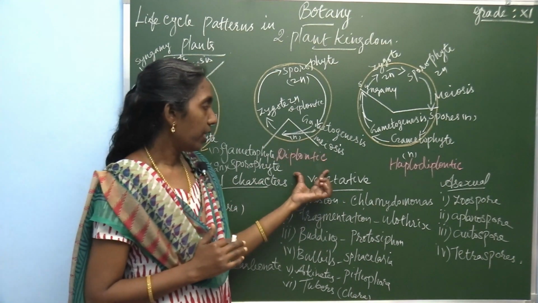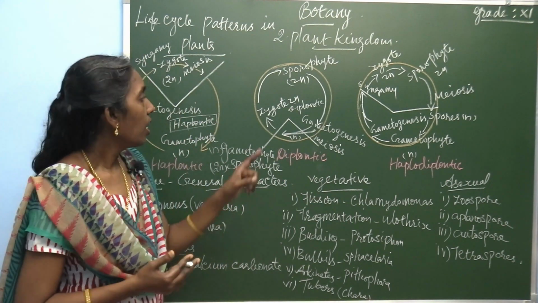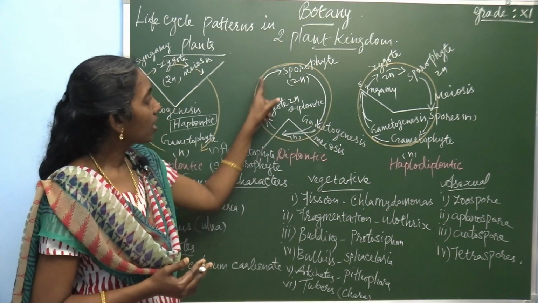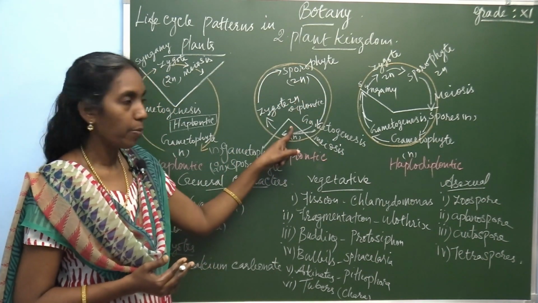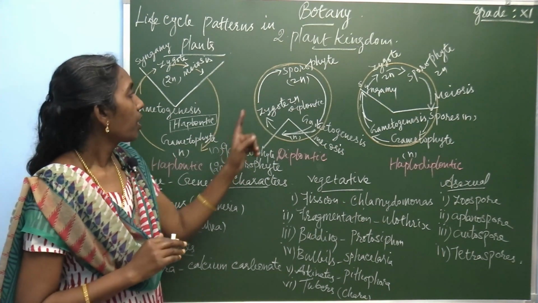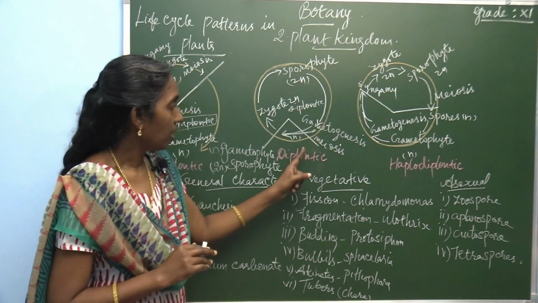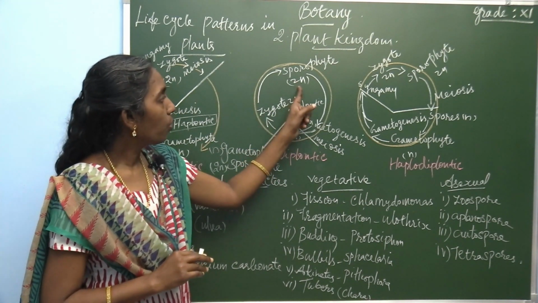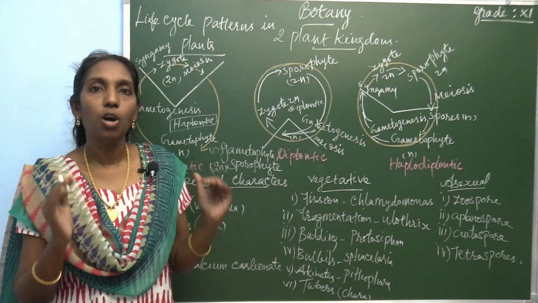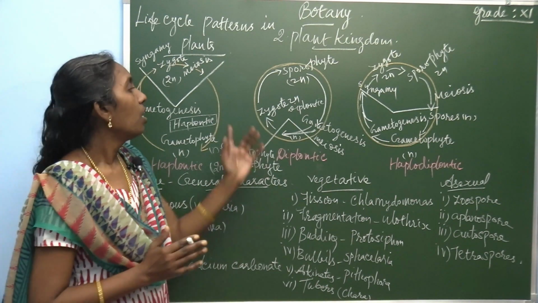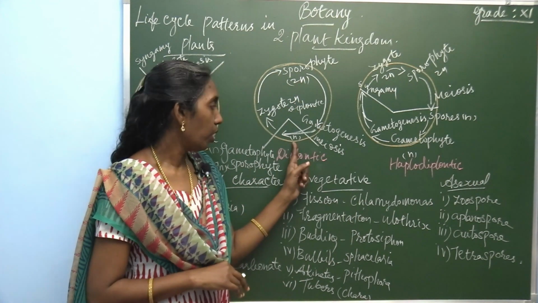Now, diplontic is just the opposite of this. Here the sporophytic generation is dominant over the gametophytic. The gametophytic phase is very short. The sporophytic 2N diploid condition is dominant, photosynthetic and independent, and alternates with haploid.